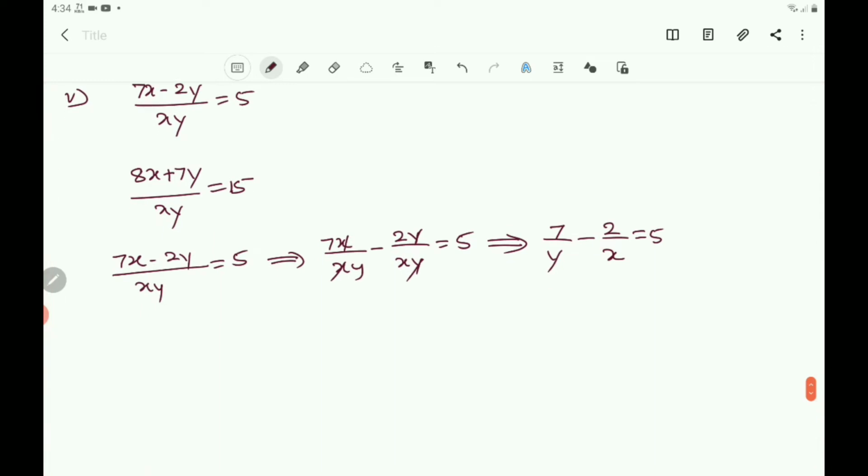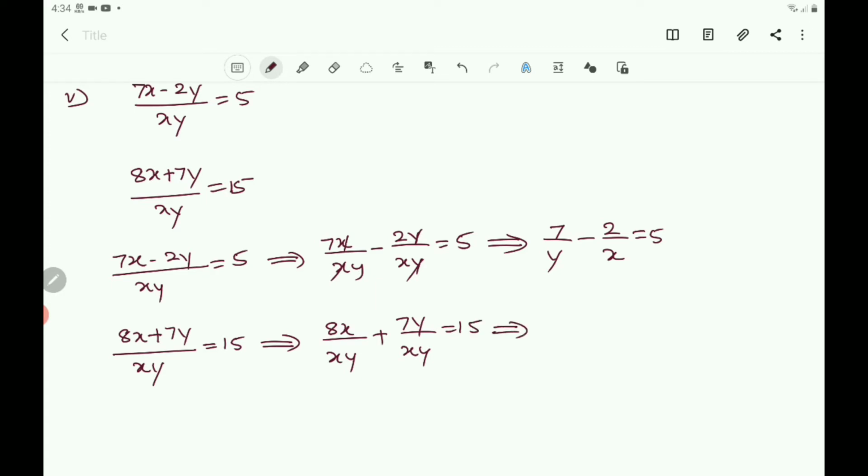Now the second equation is (8x plus 7y) by xy equals 15. Divide each term by xy: 8x by xy plus 7y by xy equals 15. The x cancels, you will get 8 by y, plus here y cancels, you will get 7 by x, equals 15.